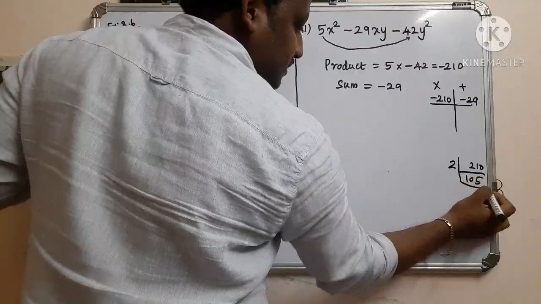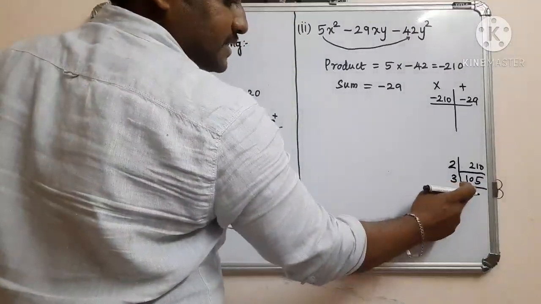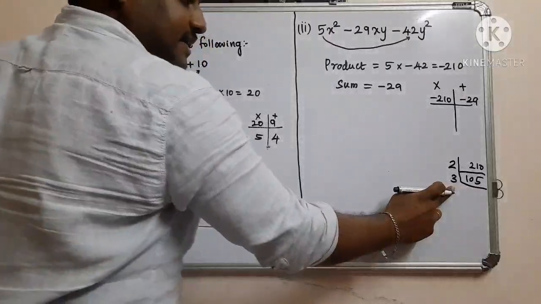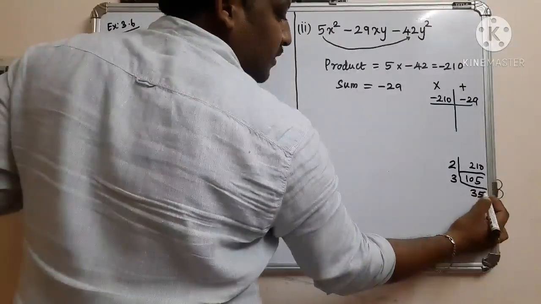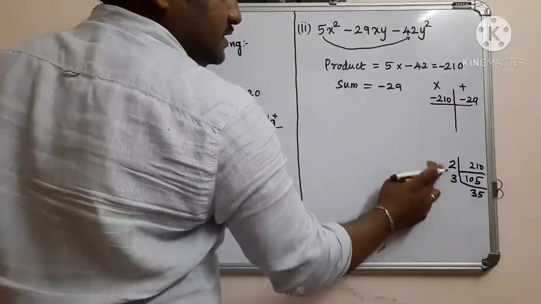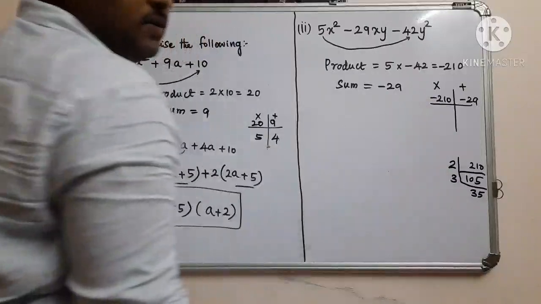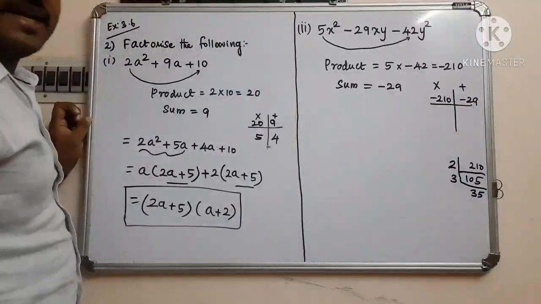The next prime factor is 3. So we can check whether 105 is divisible by 3. Yes. 3 threes are 9, remaining 1, 15, 5 threes are 15. Now 35. So 3 twos are 6. 35 into 6 is equal to 210, and 35 minus 6 is equal to 29.